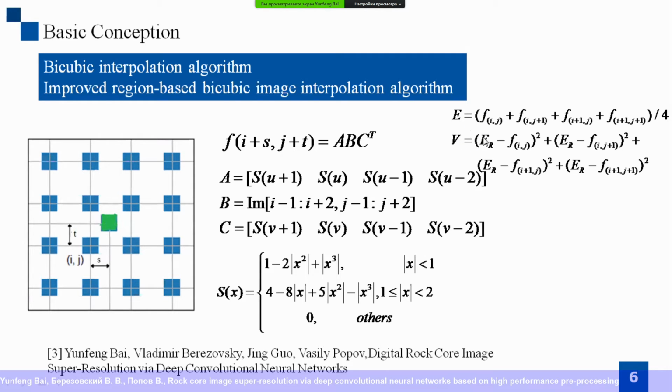When the variance is smaller than, for example, some threshold, they use the bilinear interpolation to calculate the value, and for the other part, they still use this one. So based on this idea, they save almost 10% of the time.